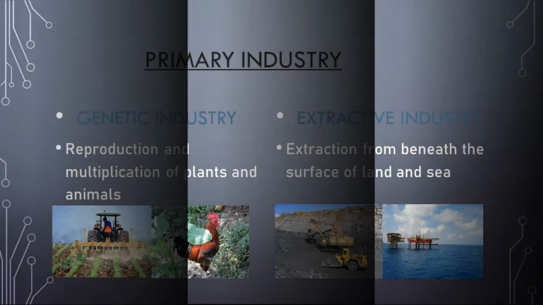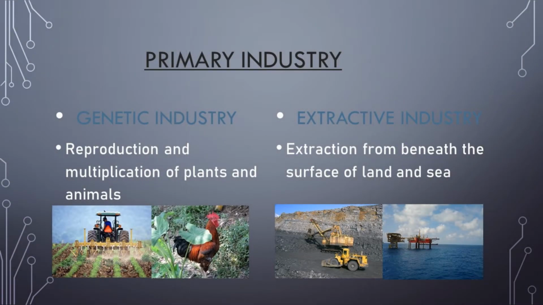Primary industry includes all those activities which are concerned with the extraction of natural resources and reproduction of plants and animals. One of the main features of primary industries is that they obtain their raw materials directly from natural resources.